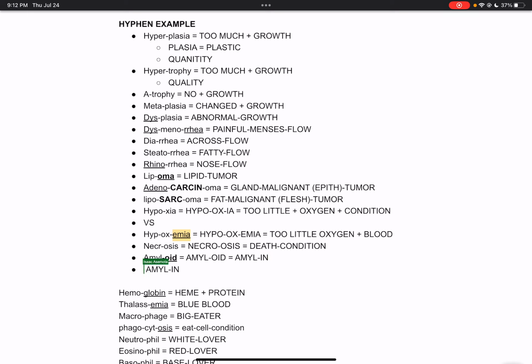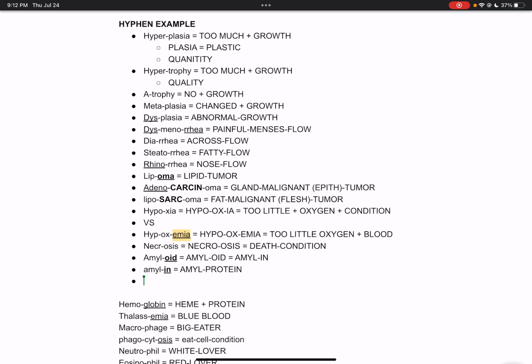What's amylin? This is another very important word root that I forgot to mention. In means, ooh, this is so good. In means protein. This is so insanely important. So amyl protein. So when they name things, so globin, right? I said globin means protein, right? But it's the in part that really makes it mean that.